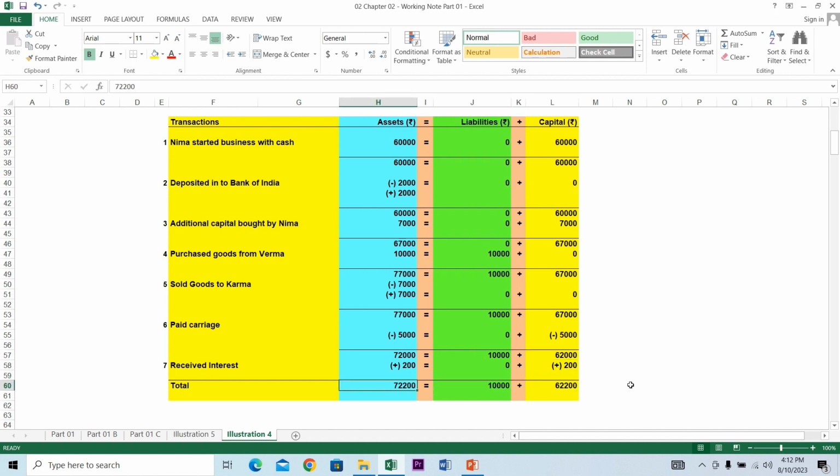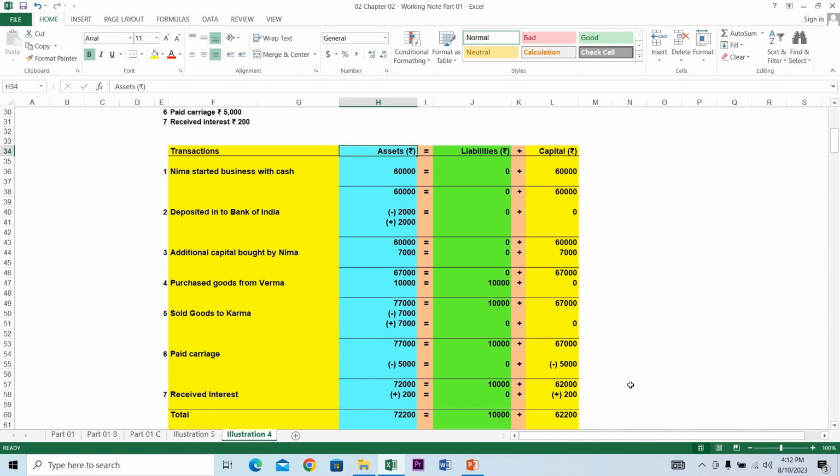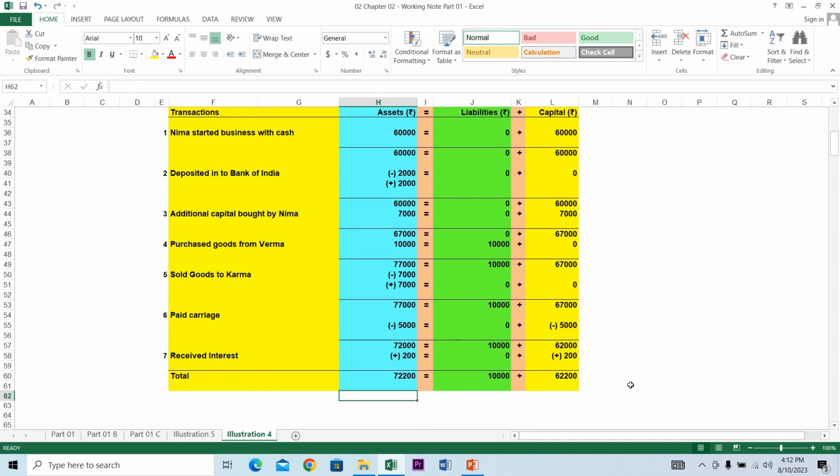So now the total, you just see 72,200 is equal to 10,000 plus 62,200. So equal हो जाते हैं, balancing, plus minus जो कैसे भी करेगा वो अकाउंटिंग इक्वेशंस के हिसाब से लेगा तो भी एग्जैक्टली ये हो जाता है. ओके, सो this is the case.